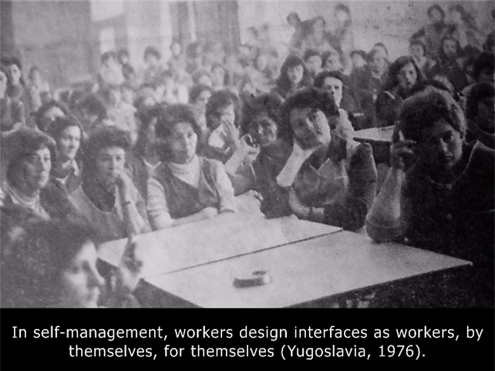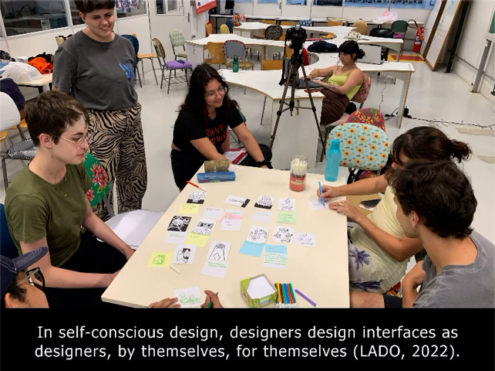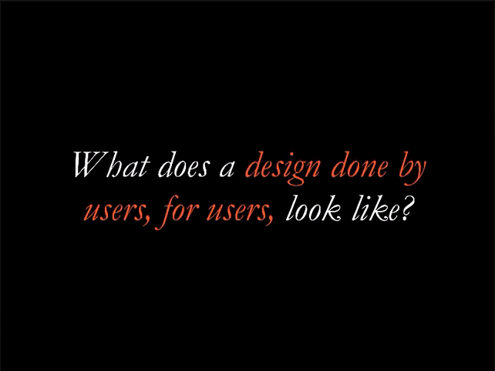I'm showing Yugoslavia here because they were probably at the forefront of socialist self-management during the 70s. But we also do self-management in our design studios, as I explained last week. In that kind of studio, we do self-conscious design, when designers design interfaces as designers, by themselves, for themselves, like the crisis card deck. It's designers understanding what it is to be a designer.